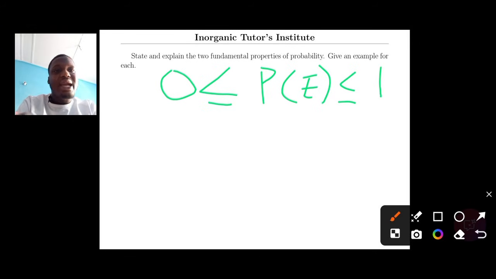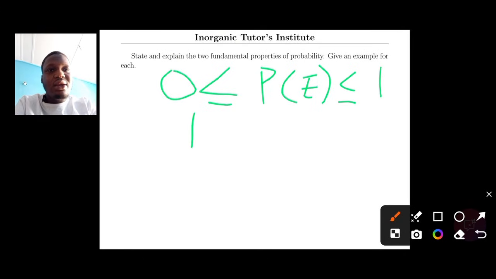In that case, we assign a probability of 1 if the event is certain. Okay, so there's no way the probability would lie outside this range. When you solve a question and you get probability to be 4.5, to be -3, to be 6.9, know that the answer is wrong.